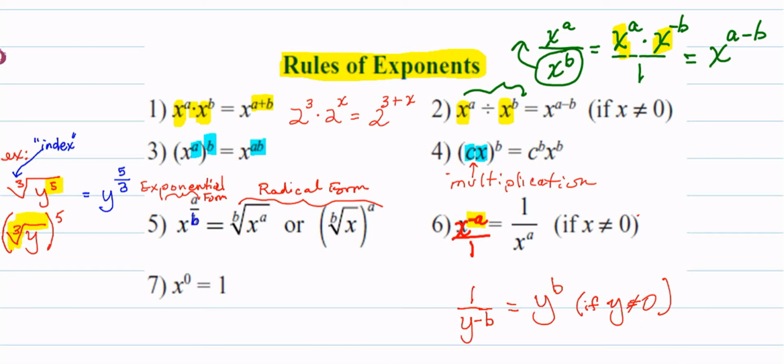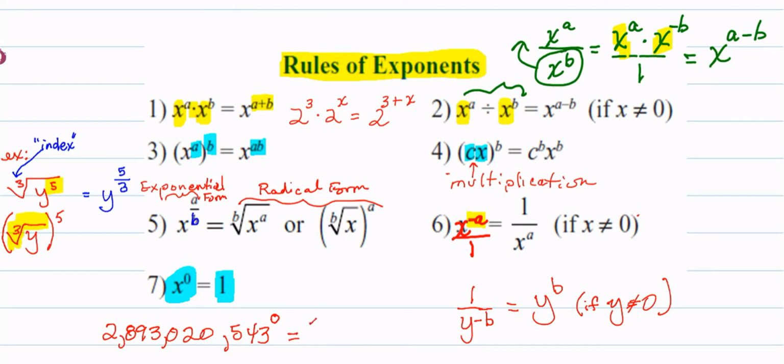Okay, and then number 7 is just saying anything I put a 0 exponent on is going to be 1. In other words, if I raise anything to the 0 power, it's always going to be 1. A small example for that would be if I raise this number, 2,893,020,543, to the 0 power, what is the answer? 1.